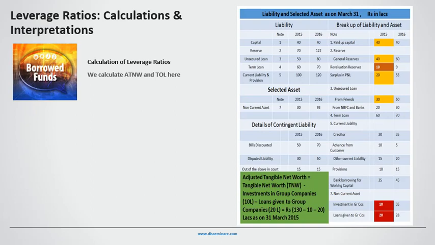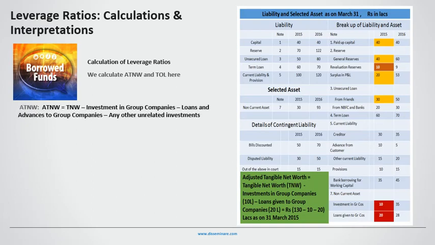We shall calculate adjusted tangible net worth, ATNW, and TOL here. Let us look at adjusted tangible net worth or ATNW calculations first. ATNW is given by tangible net worth minus investment in group companies minus loans and advances to group companies minus any other unrelated investments.